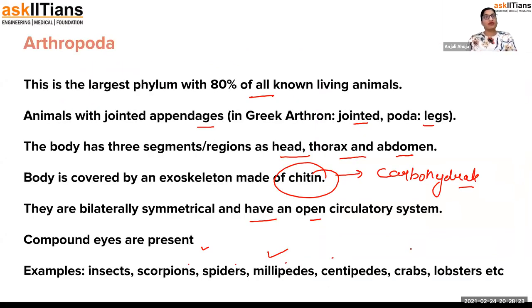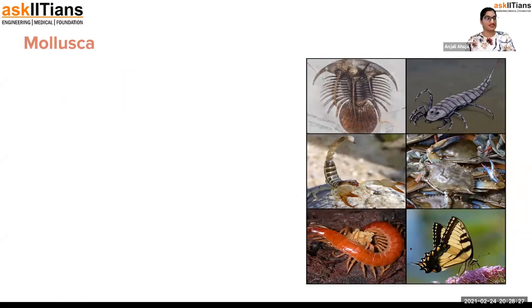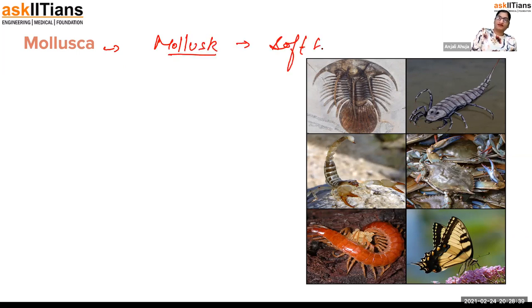Okay, so now we have to move further and talk about mollusk. I have not added any information here, probably I forgot, but that's fine. Mollusk comes from the word meaning soft-bodied animal. They have a really soft body, but externally they are covered by a hard covering, because the soft animal protects itself with the help of hard covering.